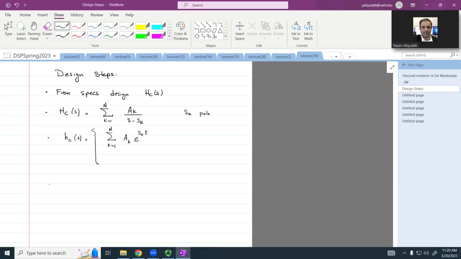Together? So this is what hc(t) is going to equal when t is greater than 0, and it's going to equal 0 when t is less than 0. So we have a causal filter. This is the impulse response of that filter in the time domain.